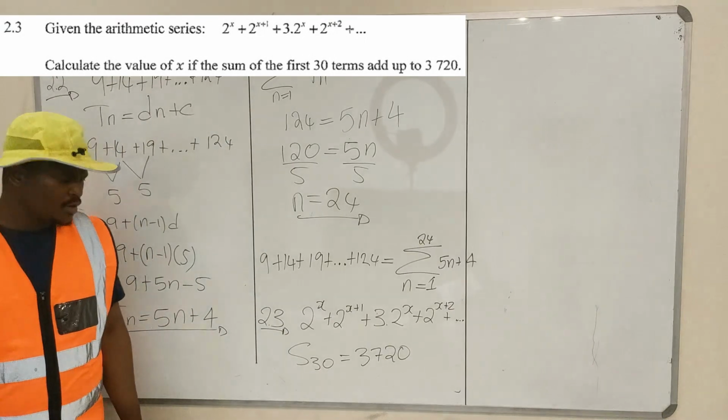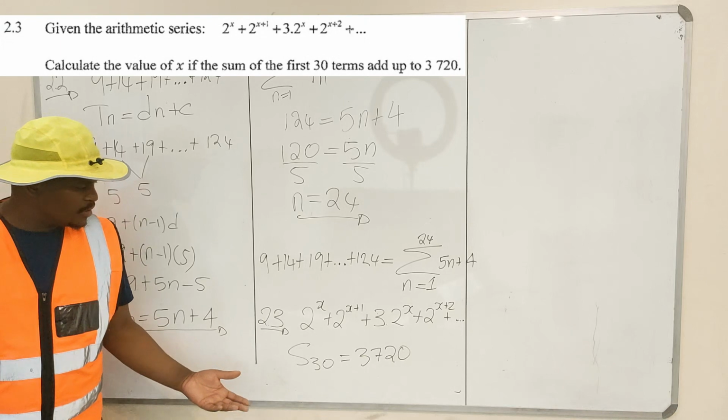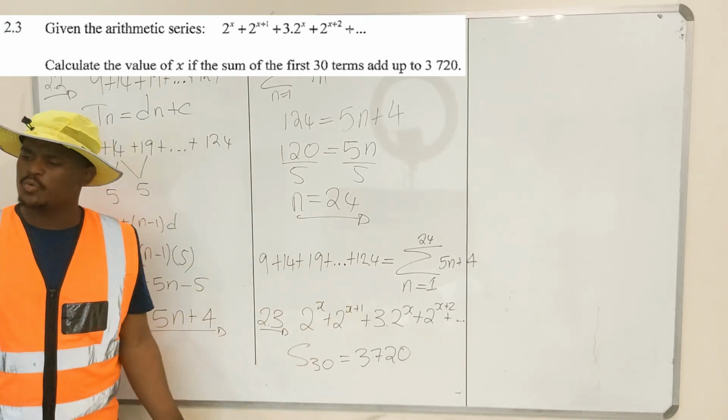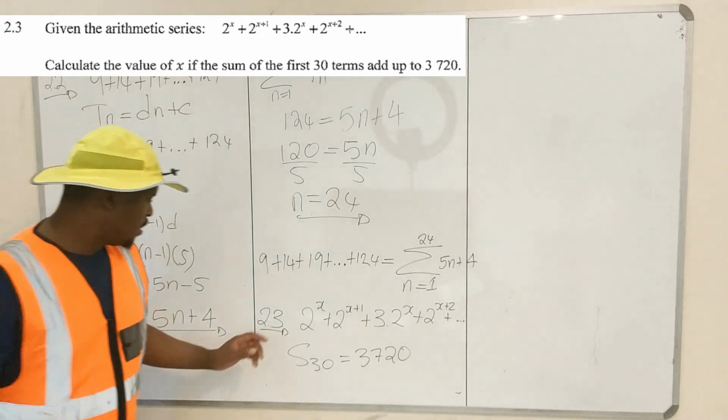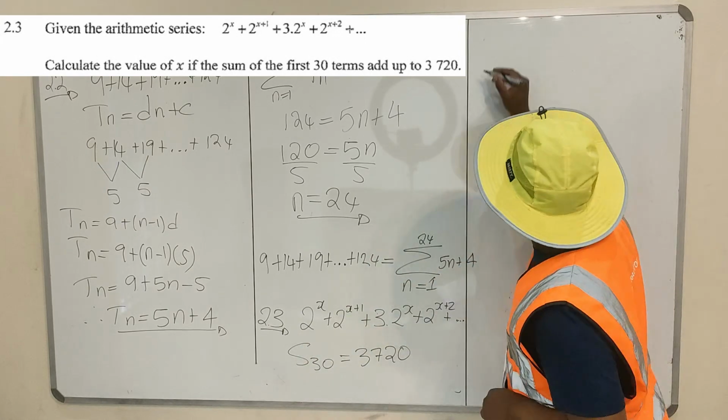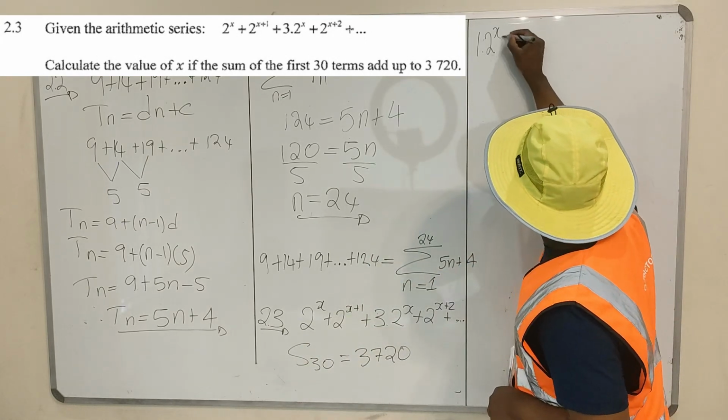So the easy way to go is to first try to write this in a much more comfortable way. If you're looking at this, would you agree when I say the first one is 1 times 2 raised x?